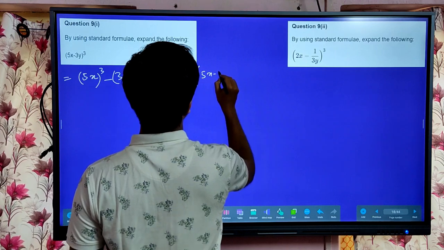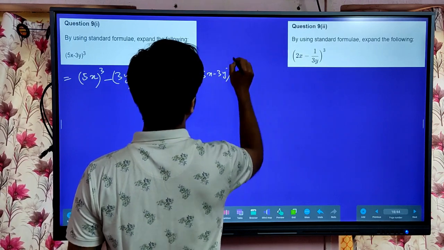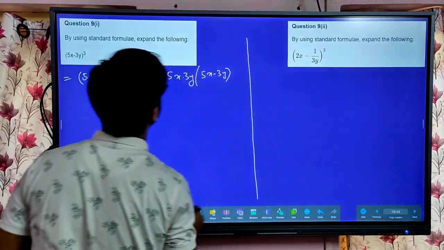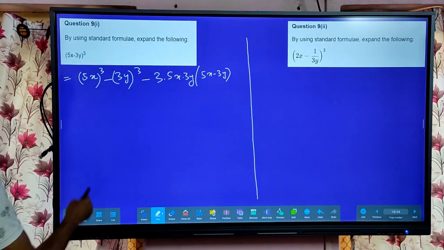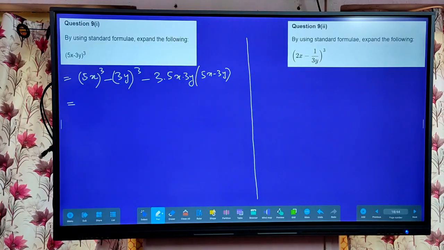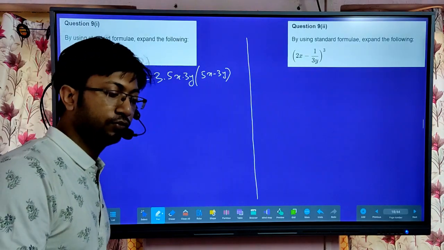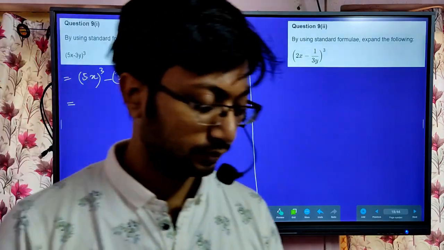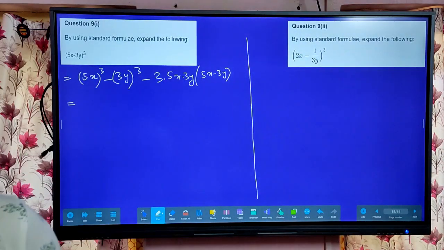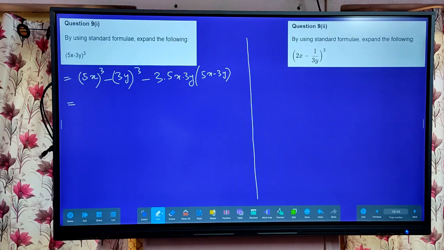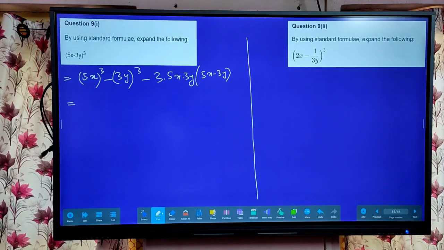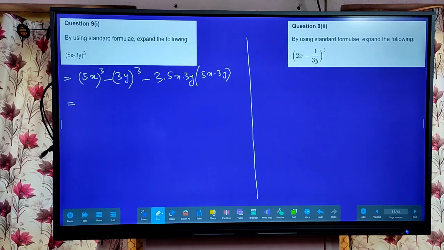Okay, so it will be how much? 5 cube is how much? 5 square is 25. 5 cube is 125.